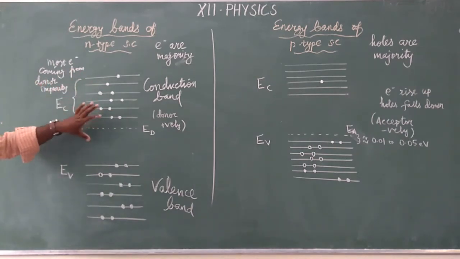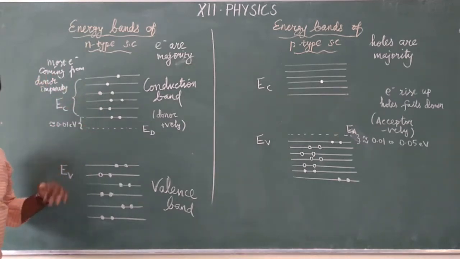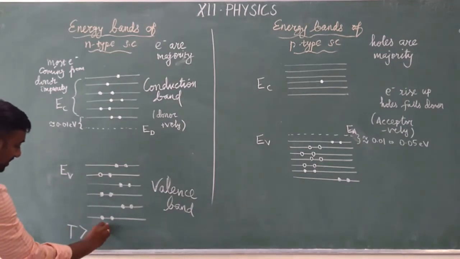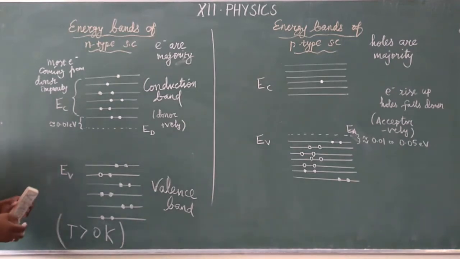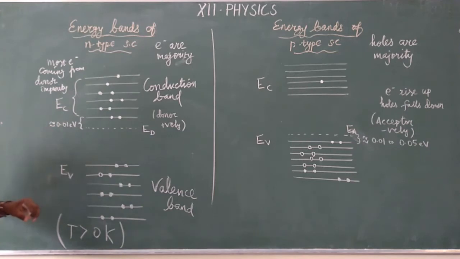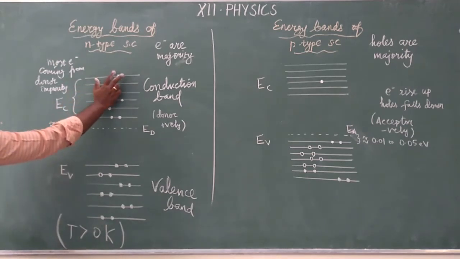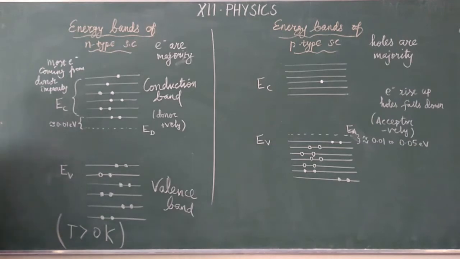Initially it has no electrons, but when the temperature is raised, that is T is greater than 0 Kelvin, what happens? Most of the electrons coming from the donor atoms occupy the conduction band energy levels. Initially the conduction band is empty, but most of these electrons come from the donor impurities.